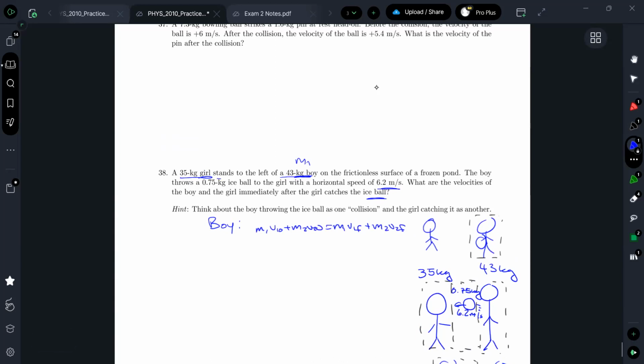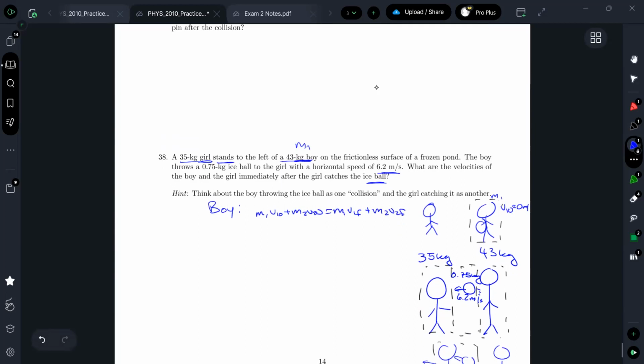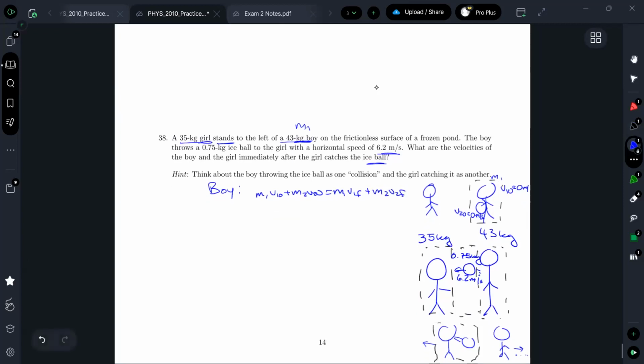Okay, they are standing there. So that means, all right, he has mass m1 of 42 kilograms. His initial velocity is 0 if he's just standing there, and the ball is just sitting there, so V20 is also 0. And we know the mass of the ball, say m2, it's 0.75 kilograms.